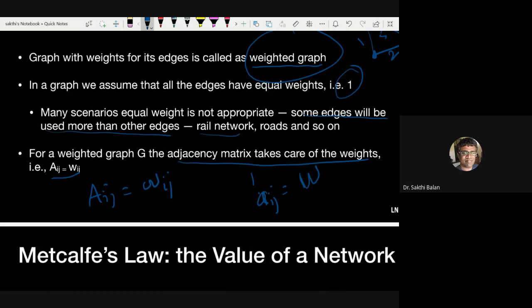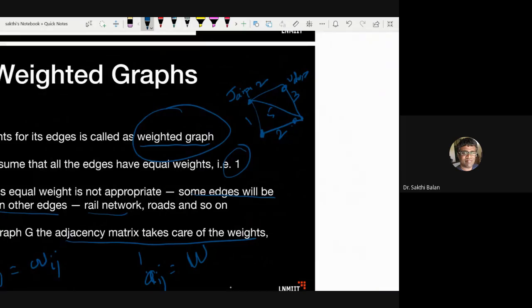Say the graph has 4 nodes: 1, 2, 3, 4. Node 1 and node 3, in a normal graph, would be 1. In this case, it will be 2, because that is the weight.